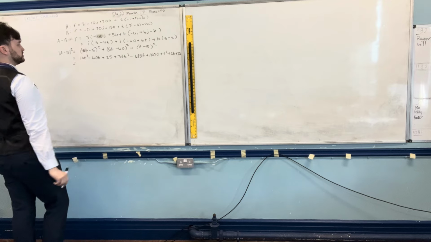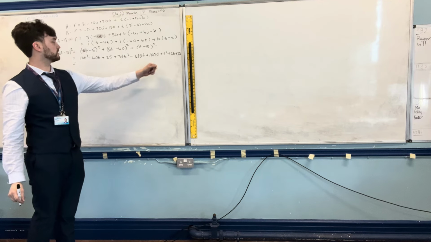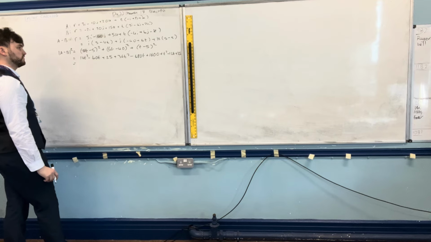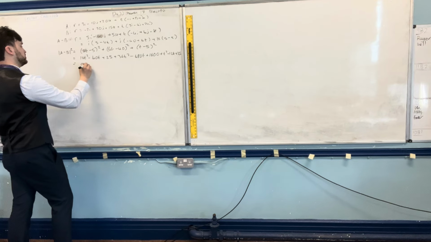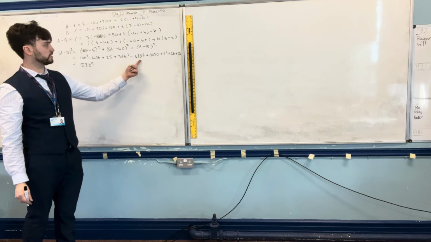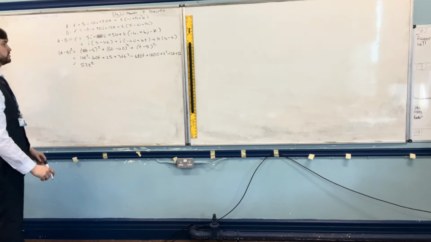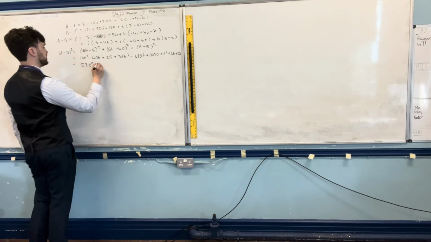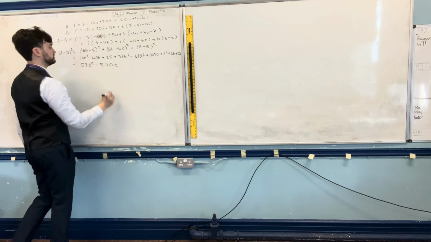Okay, so this is 16, 36 and 1, so that's 16 and 36, that's 52 plus 1 is 53t squared. And then we've got minus 40, minus 480, minus 10. So 480 plus 50, that's 530, but negative, so minus 530t.